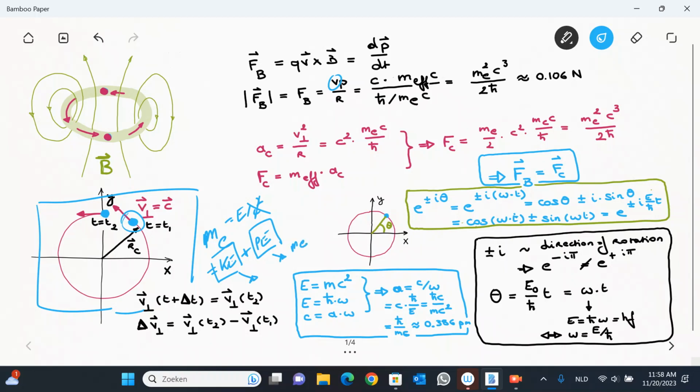But the bottom line is that we can associate an energy of m_e c squared divided by 2 with the field energy, and we will have the total electron energy times c squared divided by 2 associated with the kinetic energy of the charge going around and around and around. So we have an effective mass which is equal to the total mass of the electron divided by 2.